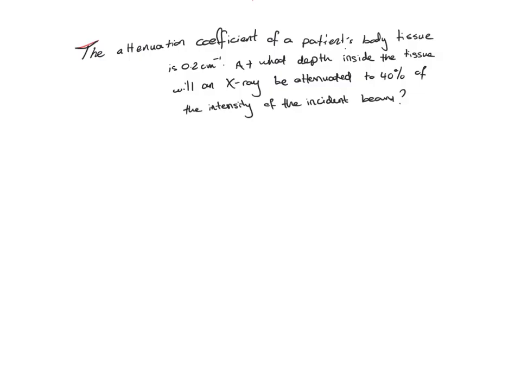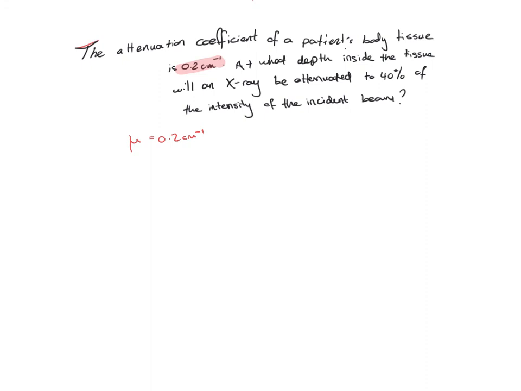Okay, so this is an example to have a look at before we finish off the first lesson. Here you have the attenuation coefficient of a patient's body tissue as 0.2 per centimeter. So mu is 0.2 per centimeter. That's the unit for it. We usually prefer it to be per meter, but we'll see how it works through the question.